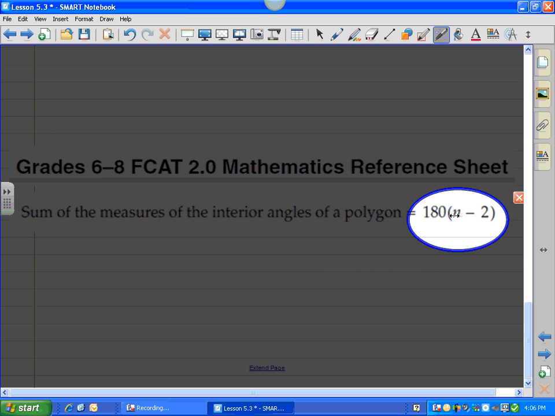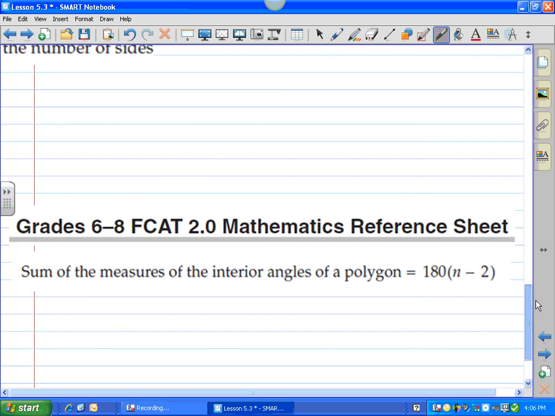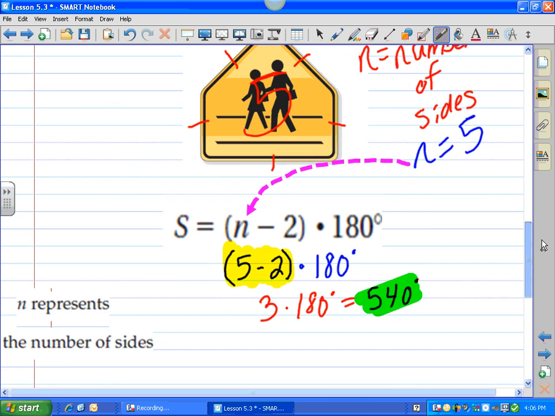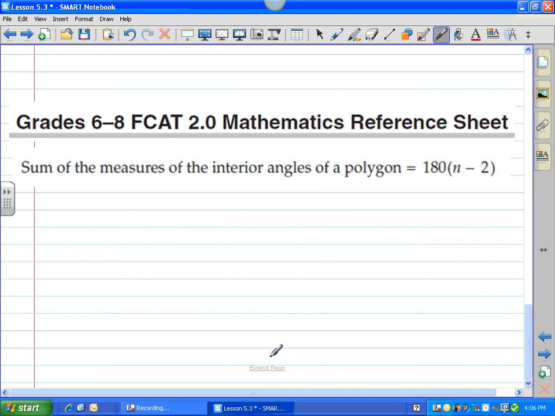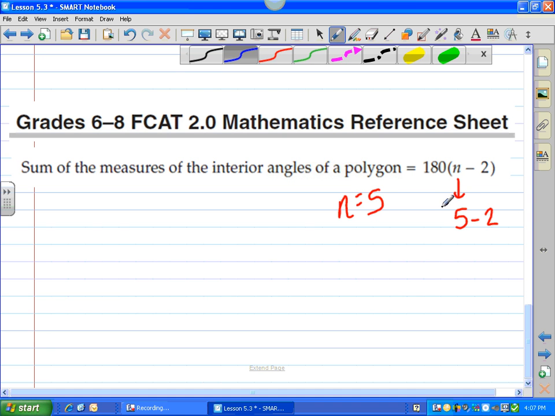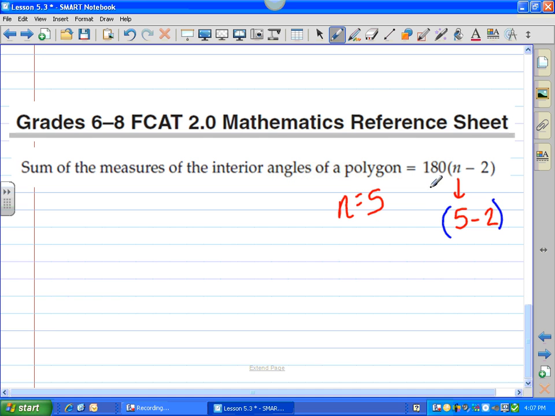For example, they write 180 parentheses n minus 2. Remember back in the example that we did, n was the number of sides. We had 5 sides. So here, I will plug and chug. We said n is equal to 5. I'm going to put 5 in for n. Don't forget to put your parentheses. And I have 180 because there's 180 degrees in every triangle.